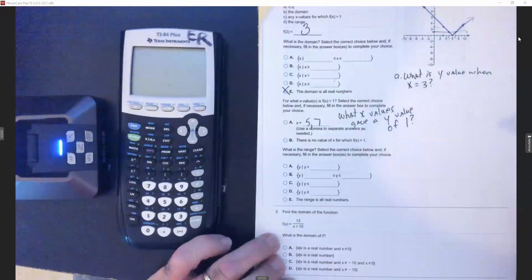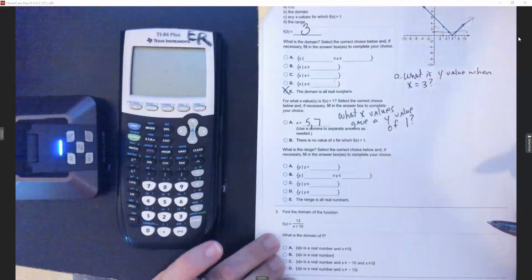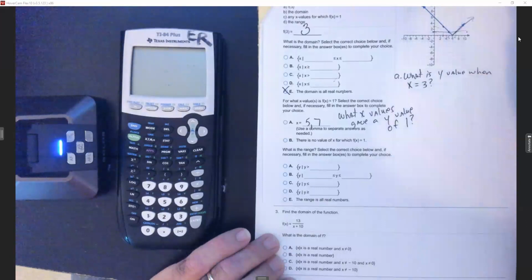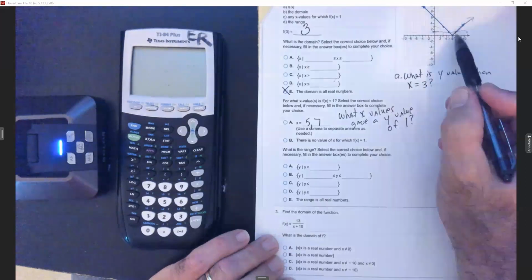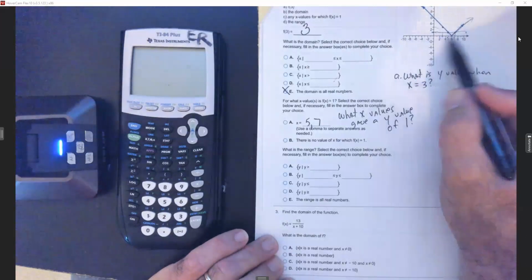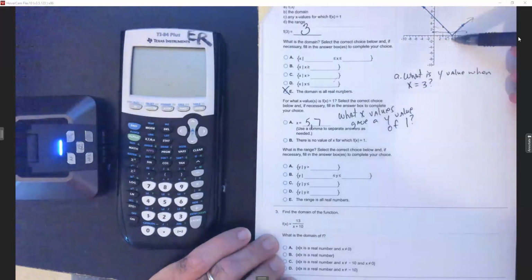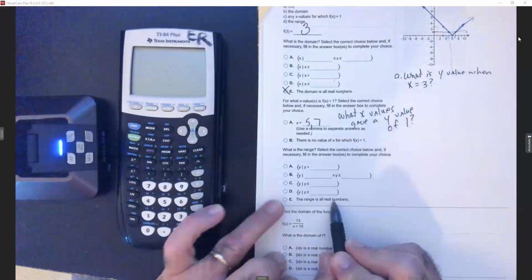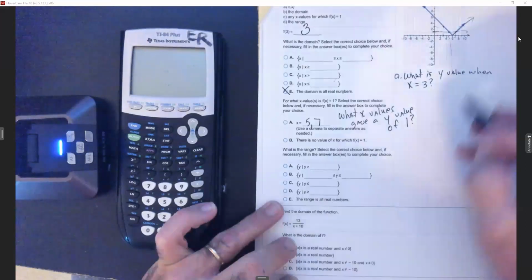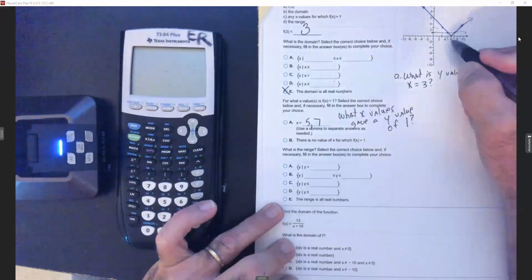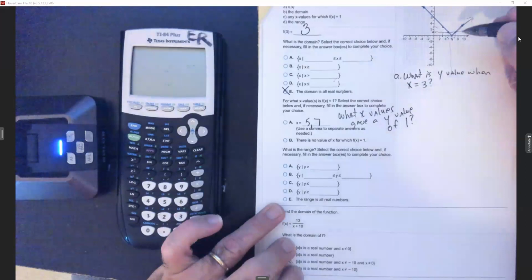So what is the range? So the range is the y values. And notice my smallest y value is right here at 0. I don't have no negative y values. So it cannot be all real numbers because we don't have the negative numbers. So our smallest y value is 0, and then it heads towards that positive infinity.